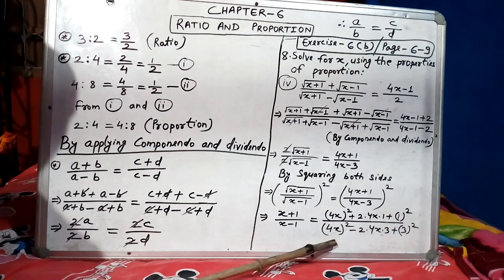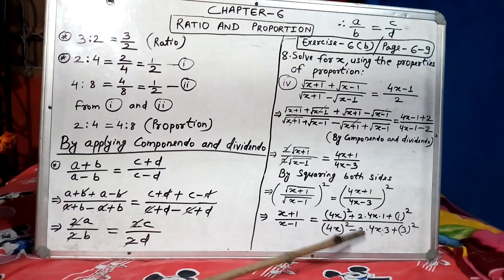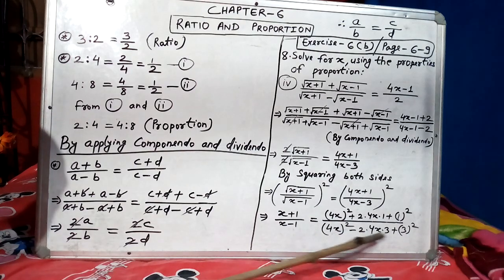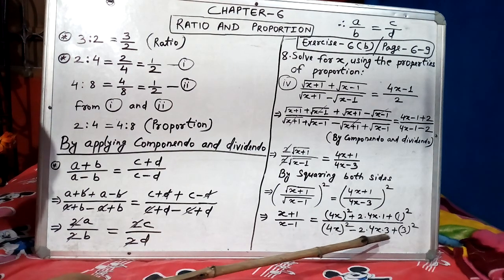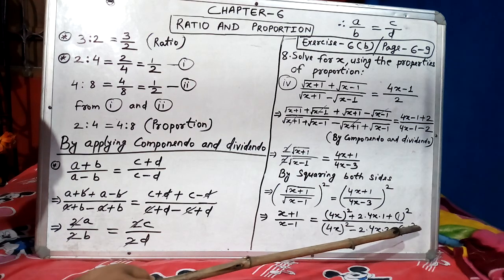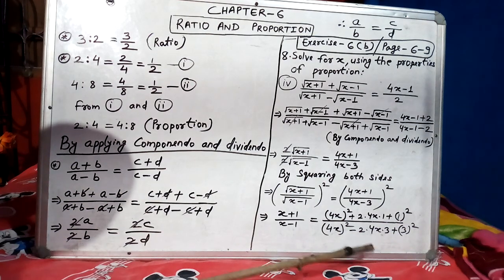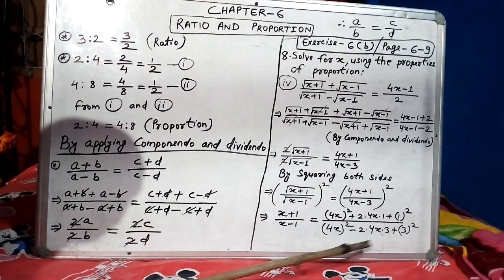And in the denominator, a square is 4x whole square, minus 2ab, which is 2 into 4x into 3, plus 3 whole square, which is b square. Now in the next page I will explain what comes after this step.